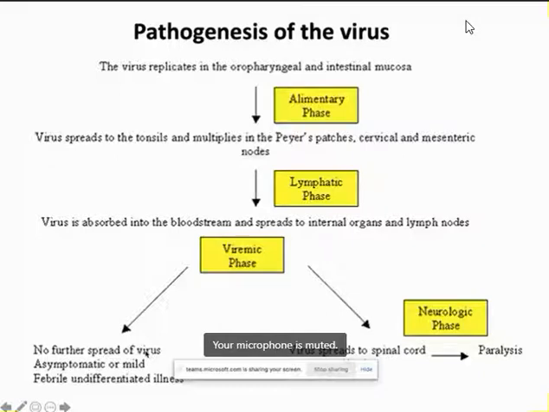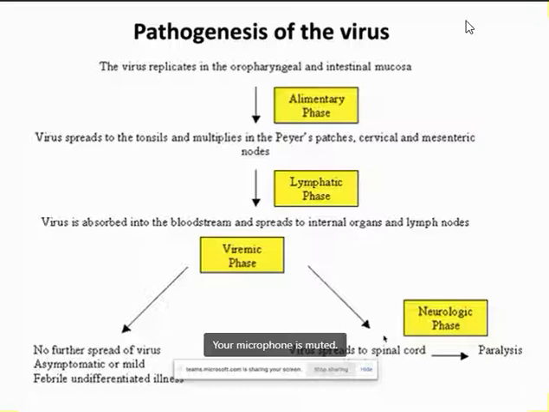But in this case, the viruses manage to bind to the nerve endings, because they have the receptors to bind on the nerve endings, and via the retrograde axonal transport they reach the CNS and cause the paralysis. Okay, so that is the pathogenesis of the virus.